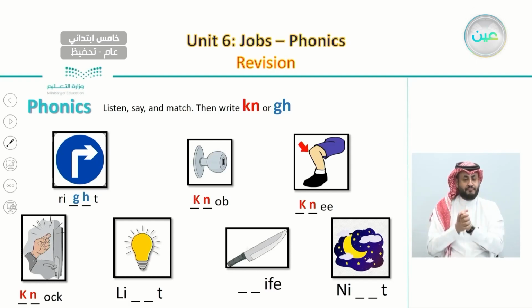We say knock. Also, one other example we learned last time, which is light. So here we wrote L-I-G-H and T. So here we wrote G and H, but we don't pronounce them. We say light.